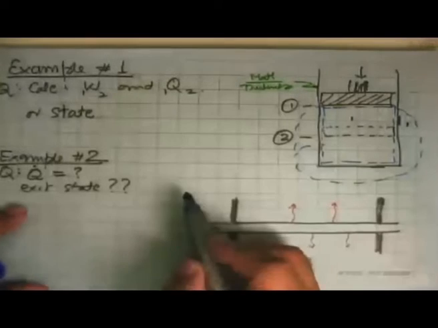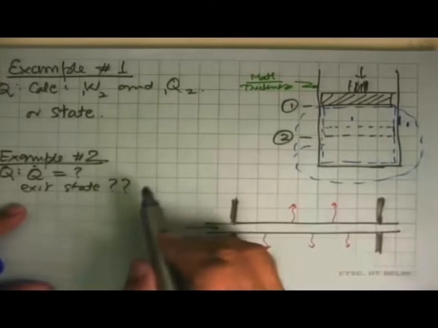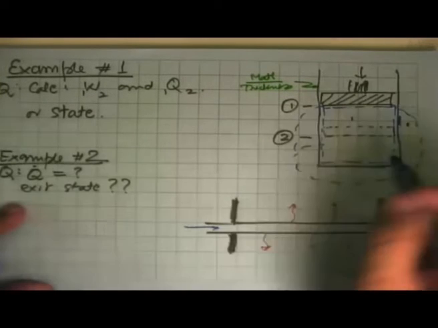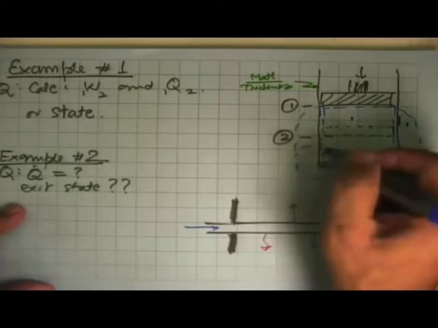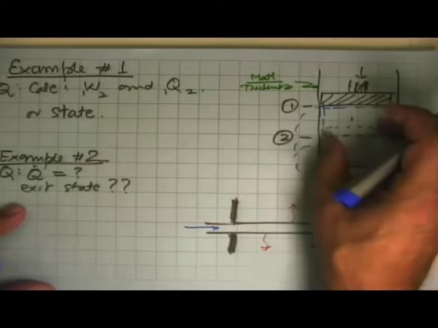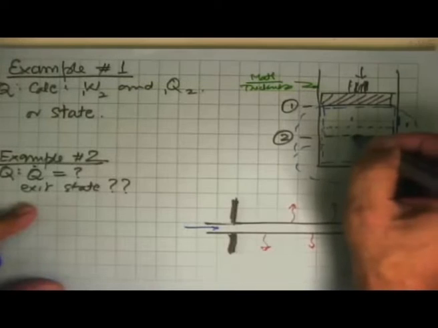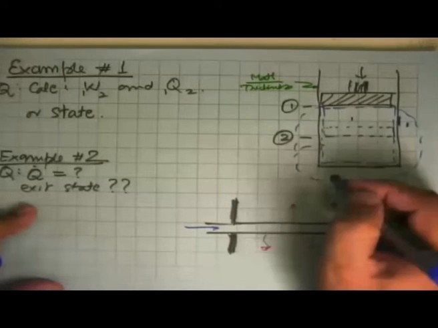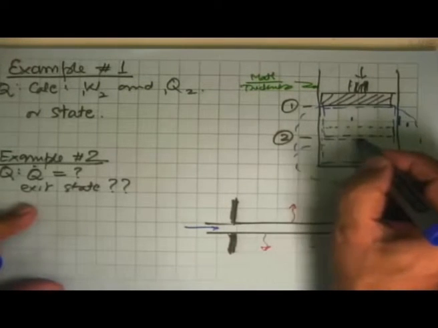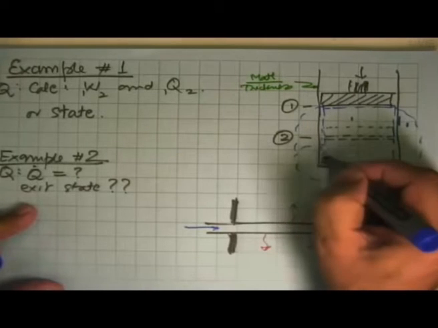That makes life very complicated, and so we have to be very specific, as I have said all along, that we must define the system very carefully so that it includes the substance that is of interest to us and it is a pure substance. So this we call state 1, and if this comes down here, this is state 2. So in that case, the system boundary now becomes like this.